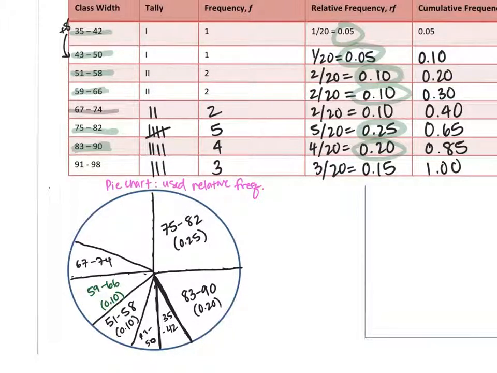So now I've knocked down these two. And now I just have this one left, which is 15%, which is perfect because this spot here is worth 25%. If I already took off 10% of it, that means this piece right here is worth 15%. So from 91 to 98, this is worth 15%.